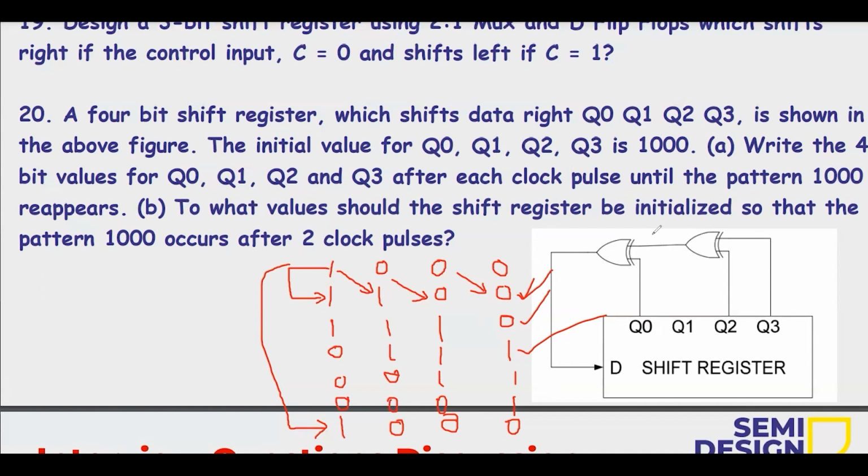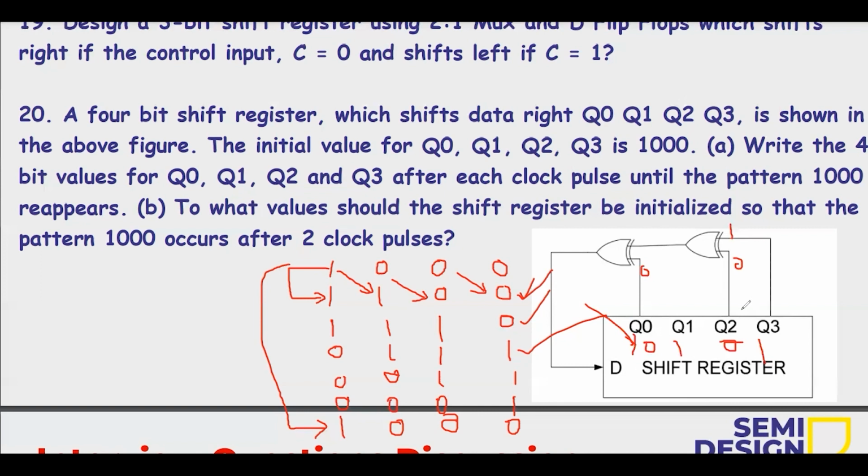Okay. Just take the values given here and apply them, and you can check what the output is and what will be shifted. In the second part they are asking what value should be initialized so that 1000 occurs after 2 clock pulses. So we need to initialize according to that.